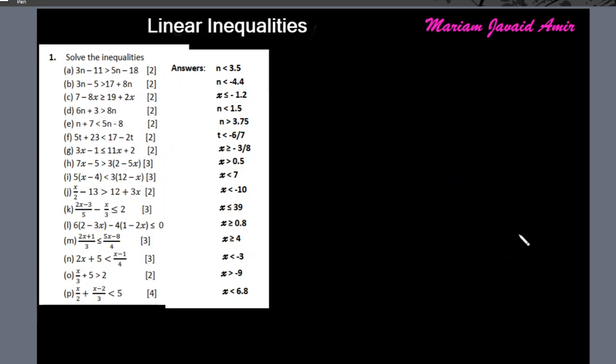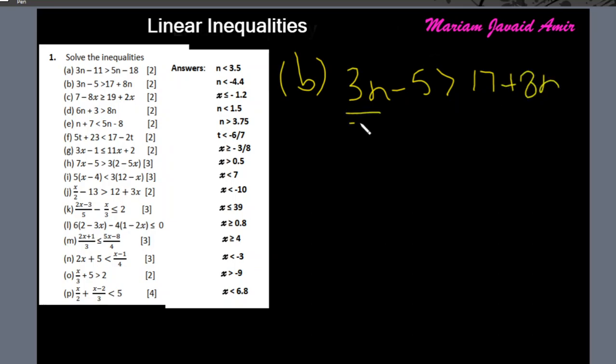Part B, which is 3n minus 5 greater than 17 plus 8n. Again, I'm going to move this 3n to the other side so that we avoid getting a negative power of n. That requires some other additional working that we're trying to avoid for now.